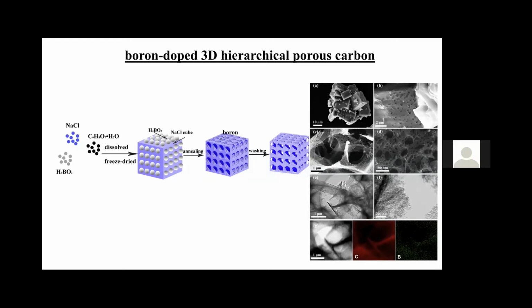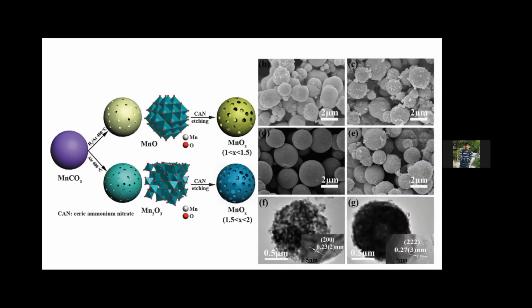So also in the porous carbon, boron doped porous carbon, we can get through this process. I just roughly finished it all, and not only carbon, any metal oxides can also be made by the freeze drying or the pyrolysis process.